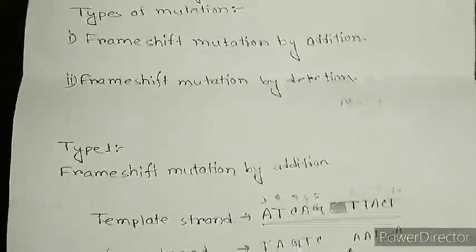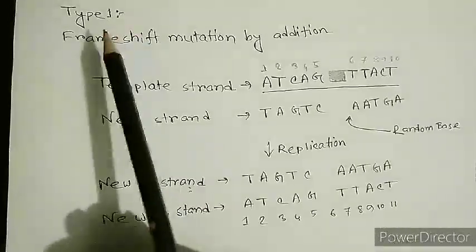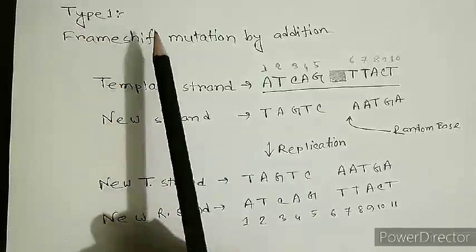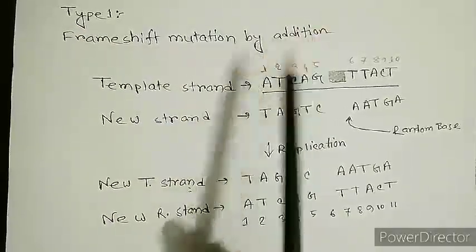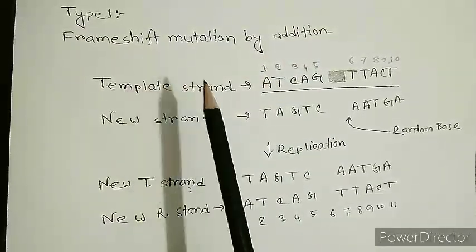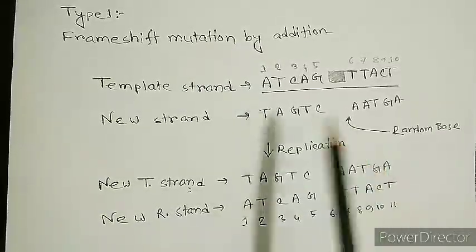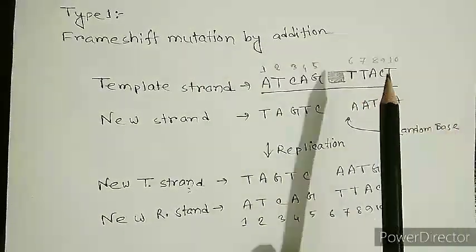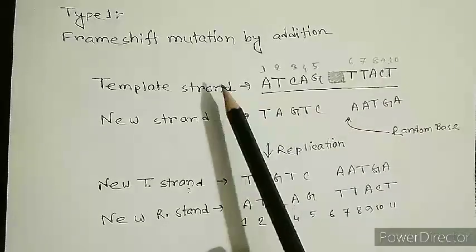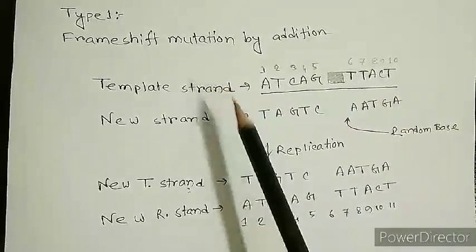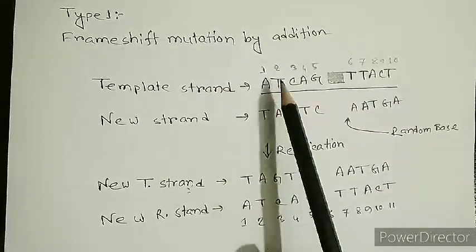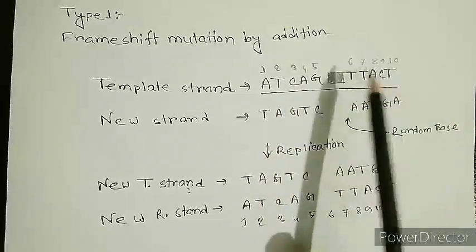Now, Frameshift mutation by addition is a similar process. Here is type 1, that is Frameshift mutation by addition. The Frameshift mutation by addition is caused when the replication of DNA occurs. Here we have a template strand and a new strand that we are familiar with in a replication.